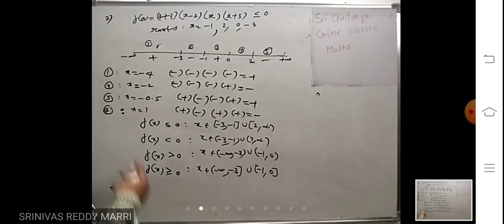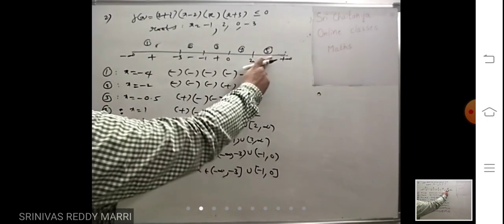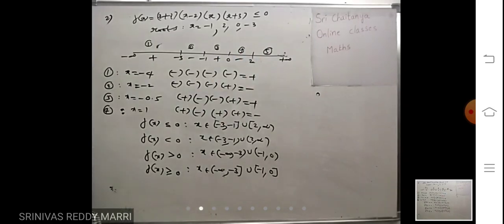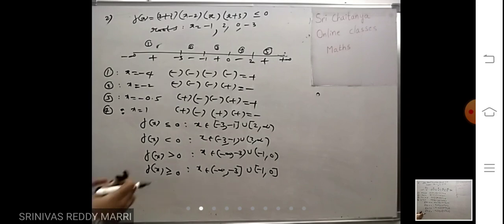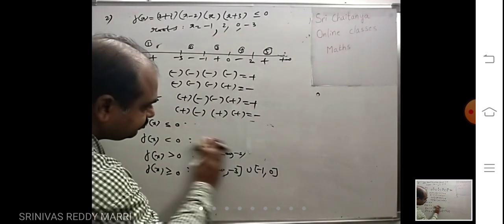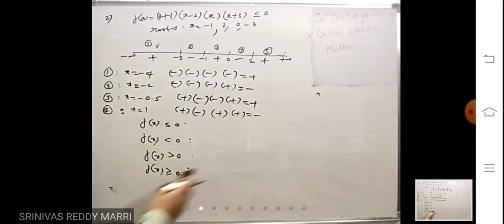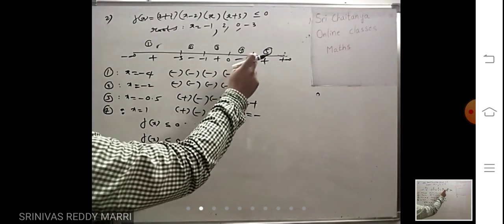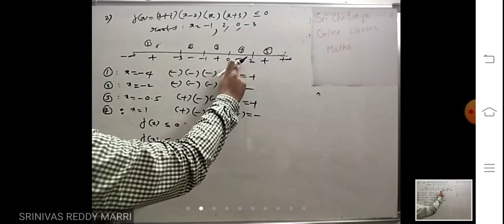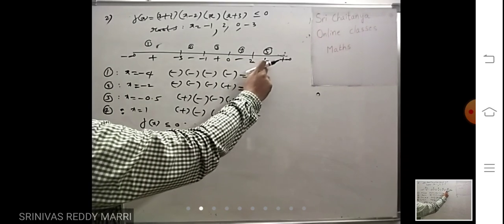Oh, I did not write 0 to 2. Okay, I will write 0 to 2 here, minus only. Here plus, then the intervals will change. I will write again. Wait, I had forgotten. This is correct only. Here you substitute, you will get positive.